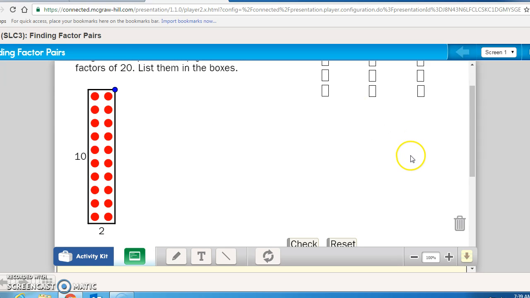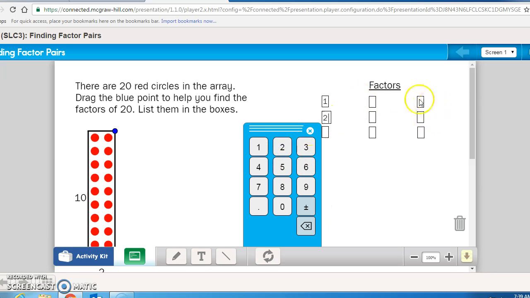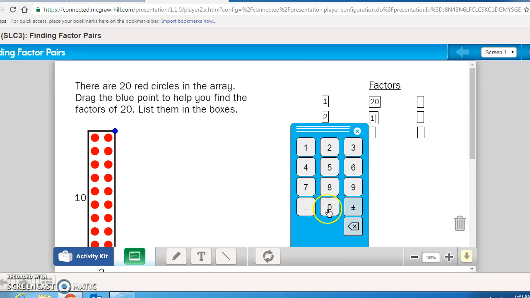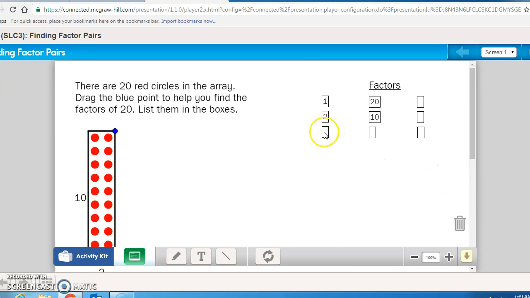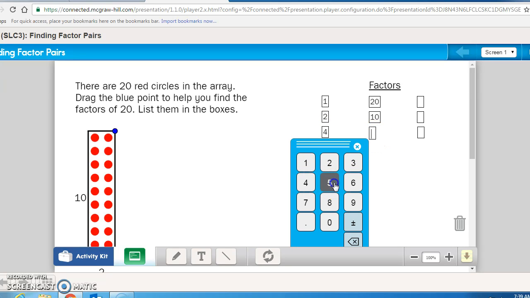So 1 times 20 was 20, 2 times 10 was 20, and 4 times 5 was 20. So our factors are 1, 2, 4, 5, 10, and 20.